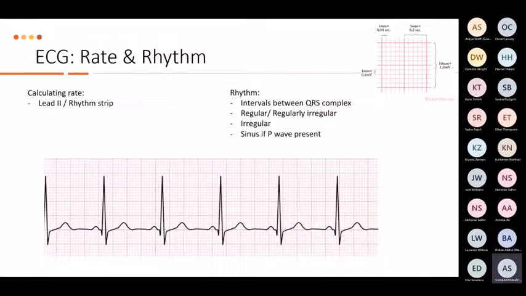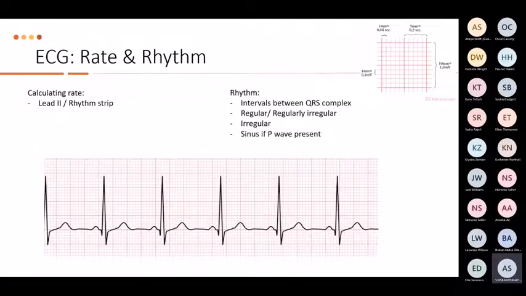So just to go through the quick basics of ECG. There are two ways to work out your rate. The first way is dividing 300 by the number of squares between each QRS complex.